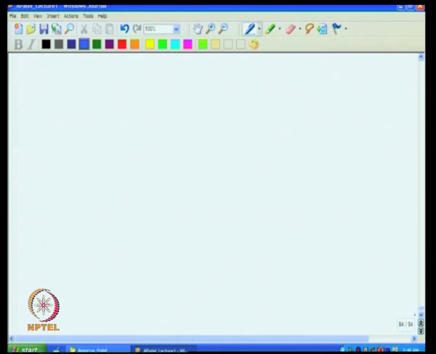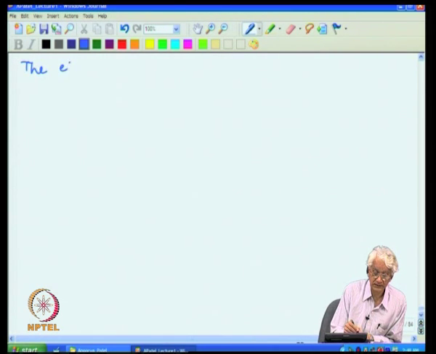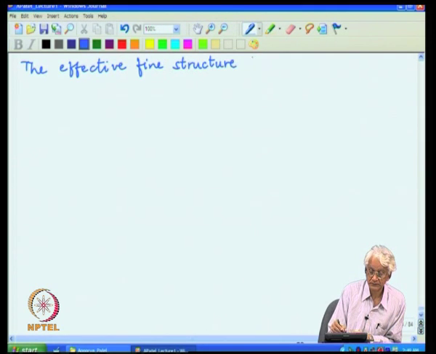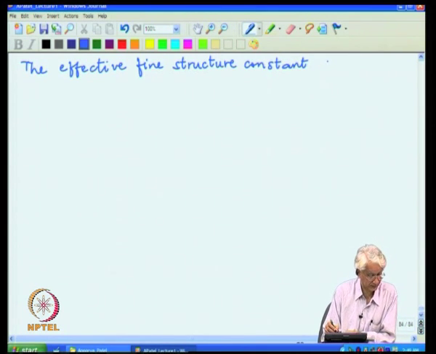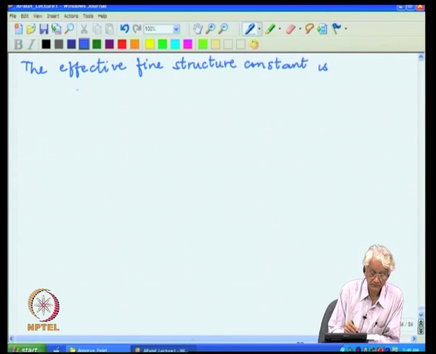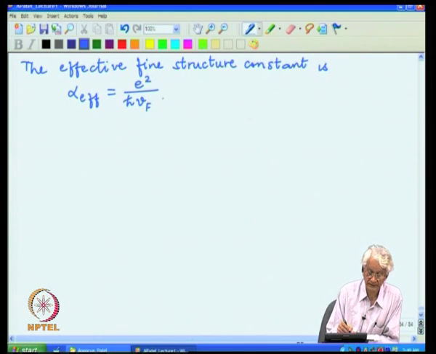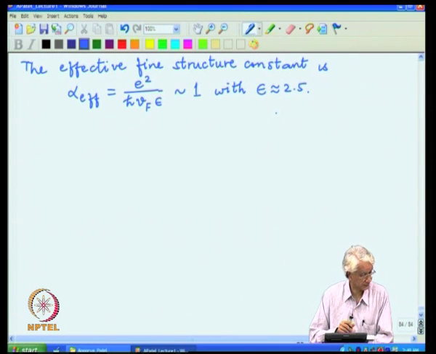All that happens is that the fine structure constant now is different, and it can be written in the usual notation with c replaced by the Fermi velocity, and to be more precise, one has to include a factor corresponding to the dielectric constant of the materials, and this number experimentally turns out to be approximately 1, where the dielectric constant epsilon is about 2.5 in case of graphene.